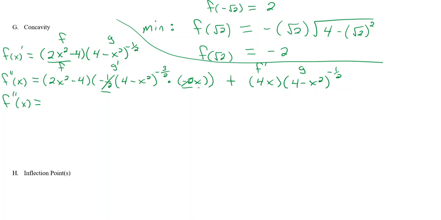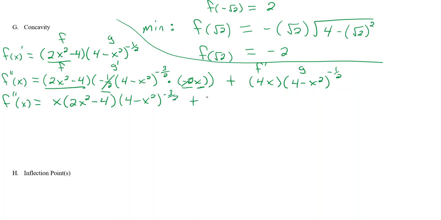And I'm also going to write this x just out front, just because it'll look a little nicer. So x, and then I'm going to write this factor. So 2x squared minus 4. And we have 4 minus x squared to the power of negative 3 over 2.